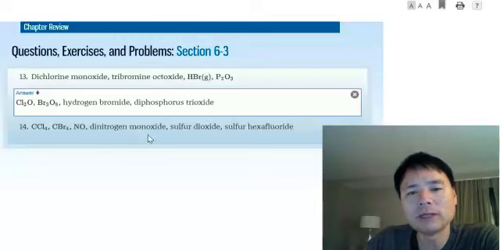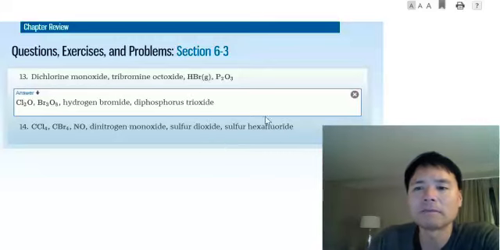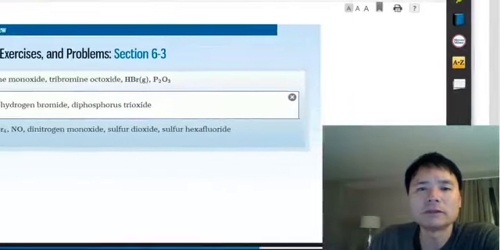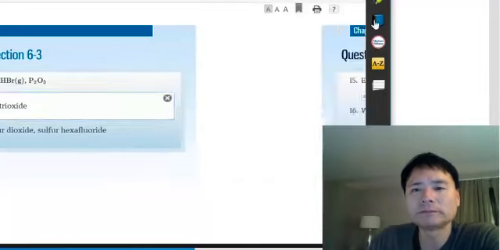Dinitrogen monoxide would be N2O, also known as nitrous oxide. So we have nitric oxide, nitrous oxide. Sulfur dioxide would be SO2, and sulfur hexafluoride would be SF6. Okay. All right, let's move on to number 15.